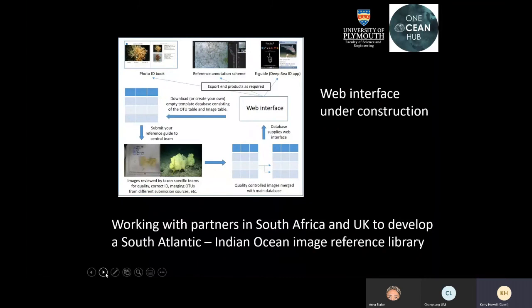We are currently developing this web interface, and we hope to launch the database early next year. But we are also, as part of that project, building a South Atlantic and Indian Ocean image reference library to support the work we're doing in the South Atlantic.